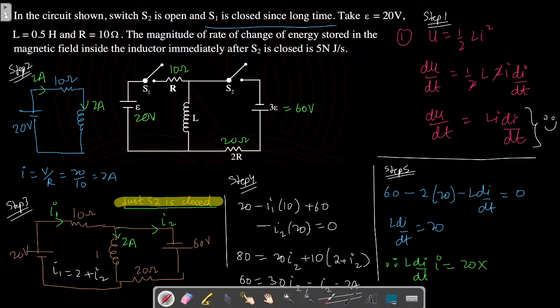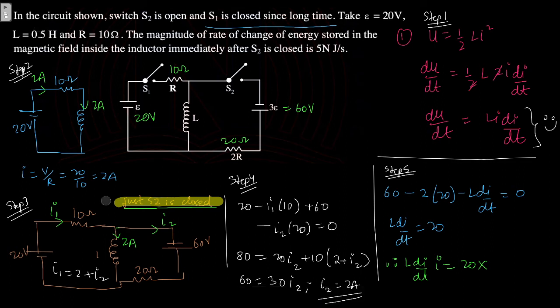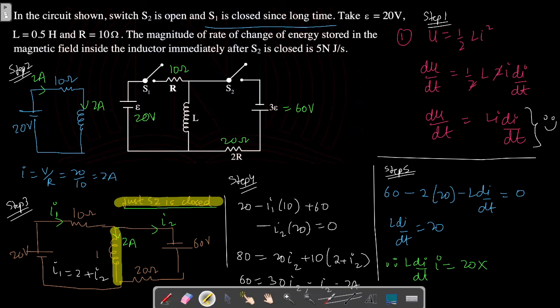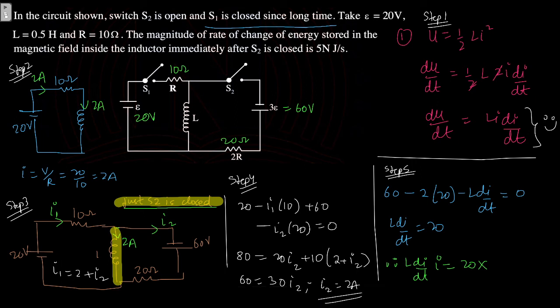Current that is flowing in the inductor is 2 ampere. So the answer will be 20 into 2. So this is 40. So rate of change of energy with respect to time is 40, and it is given 5n. So that means 5n is equal to 40. Therefore, the value of n is 8.